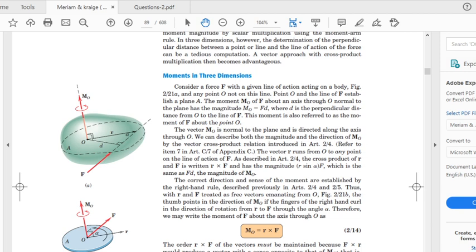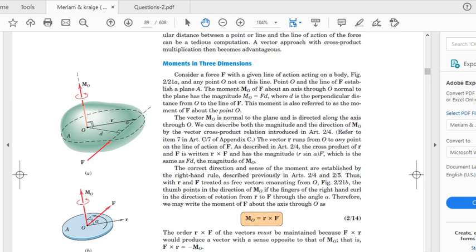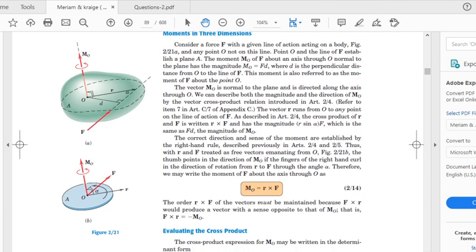So r bar is going to be rx i plus ry j plus rz k, and similarly F is going to be equal to Fx i plus Fy j plus Fz k. And then we will have to just take the cross product, r bar cross F, which will give us moment about a point.